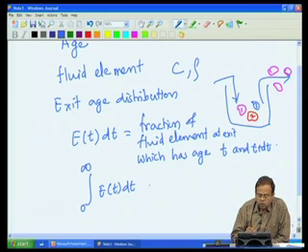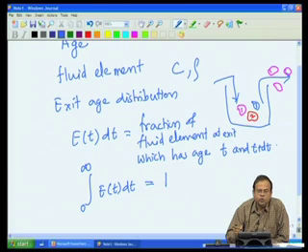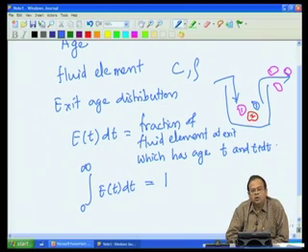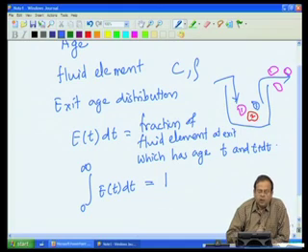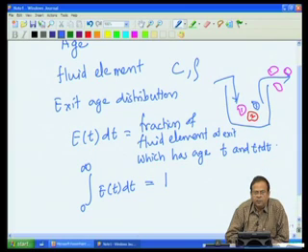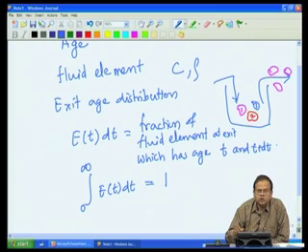Then this all must add up to 1, or in a continuum domain, the integral of E of t dt must be 1. Simply put, if I introduce a fluid element inside the reactor, it may spend different amounts of time, but eventually all of them come out of the reactor.